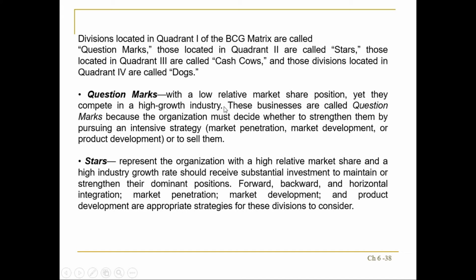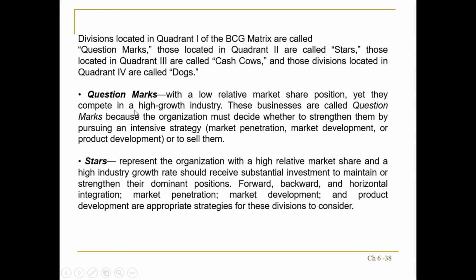These businesses which come in the question marks are called question marks because the organization must decide whether to strengthen them by pursuing intensive strategies like market penetration, market development, or product development, or to sell them.